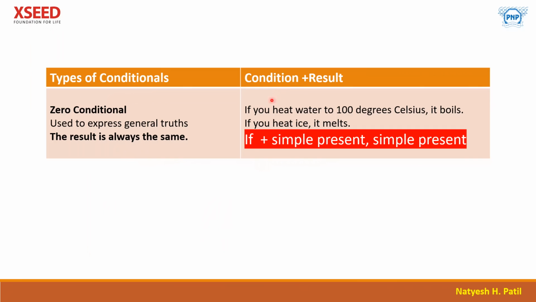There is a condition which we introduce with if, and the result is: it melts, it boils. In both conditions we are heating: here we are giving heat to water, and here we are giving heat to ice.